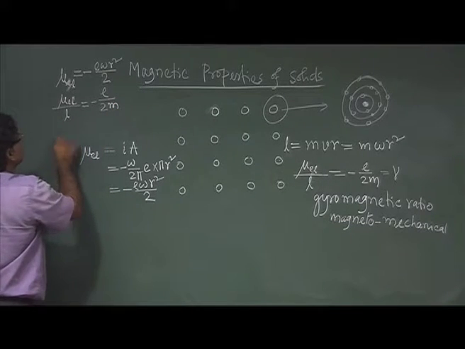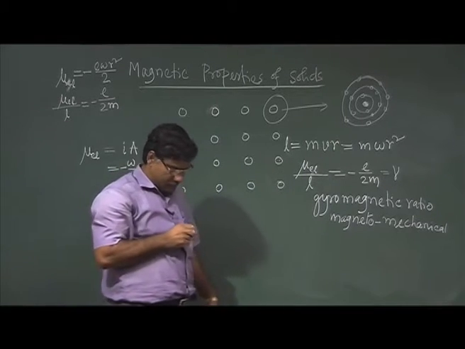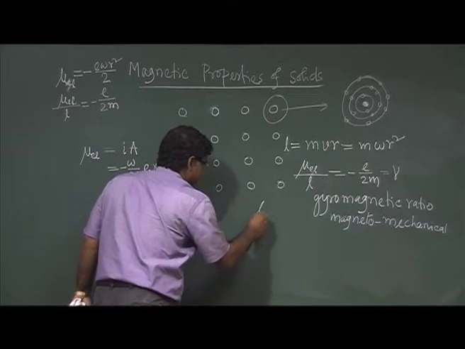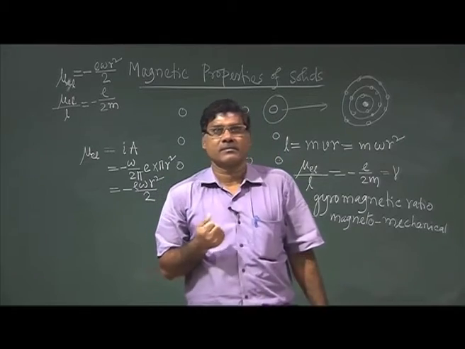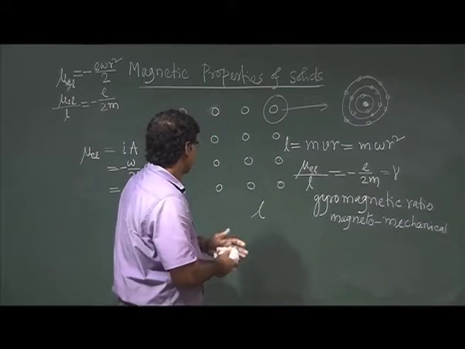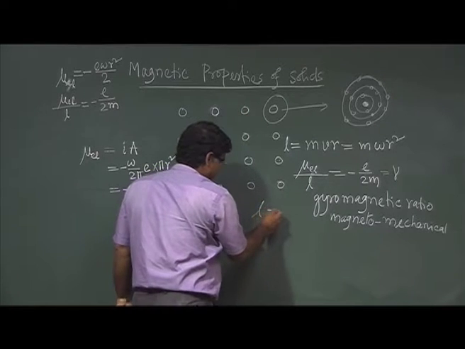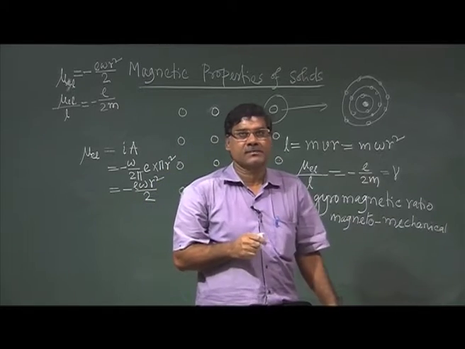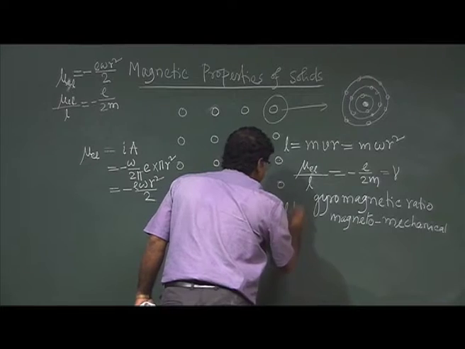This angular momentum is a vector, and we write its value as L H cross.